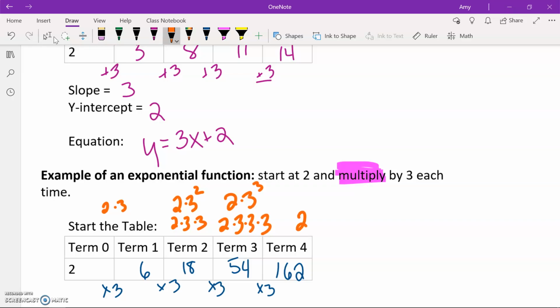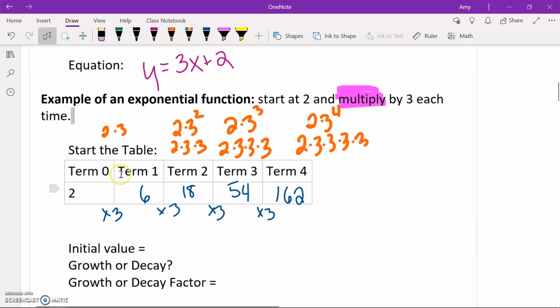And for 162, I would do 2 times 3 times 3 times 3 times 3, because we multiplied by 3 to get that new term, which would be 2 times 3 to the power of 4. So now you notice that the type of term that we have is actually the exponent of our value that we're multiplying by.